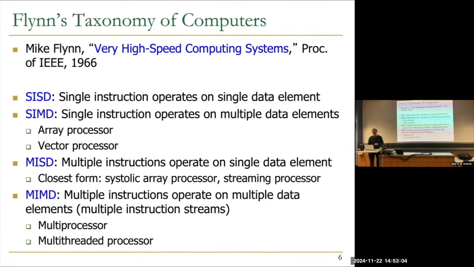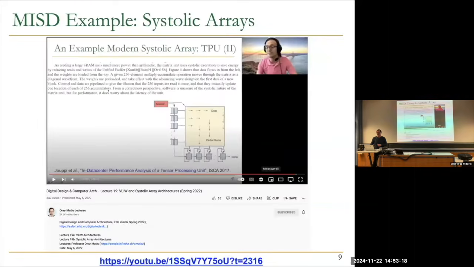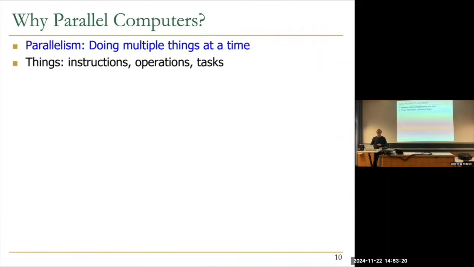Okay, so basically we use all of these paradigms today, which is good. So if you want to brush up on these different paradigms, we cover essentially all of them in DDCA: SISD, SIMD, MISD. Now we're going to talk about MIMD type of parallelism.